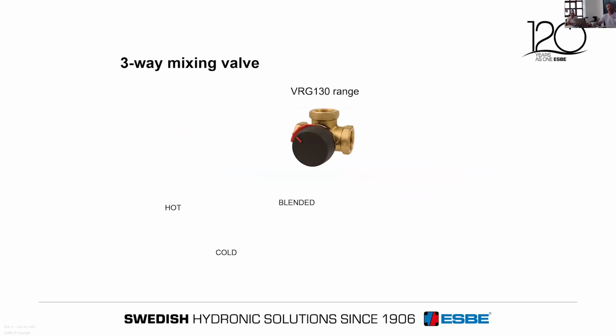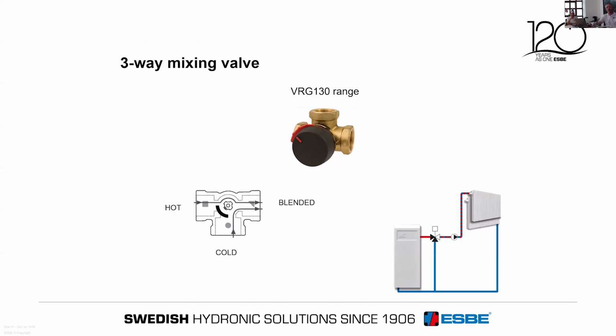Okay, when we move on to mixing, I always suggest we use our 130 range. It's configured in that way that you're mixing the flow coming in from one of the run ends, mixing with the branch end to come to a blend. You see that image on the bottom right hand side of the screen kind of marries up with the configuration of the bottom left, and they've got hot water coming in through one of the runs.